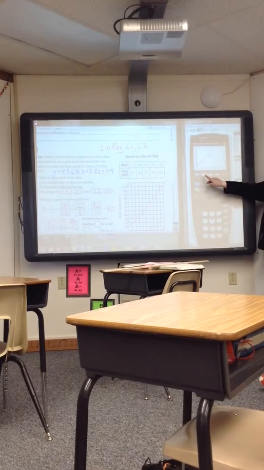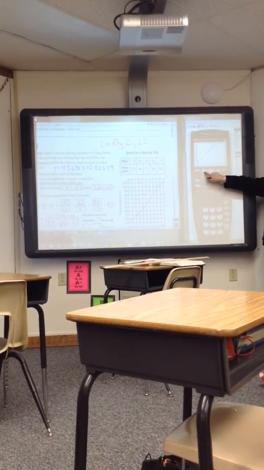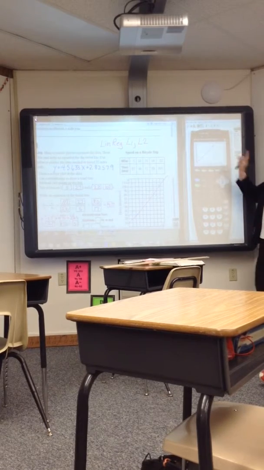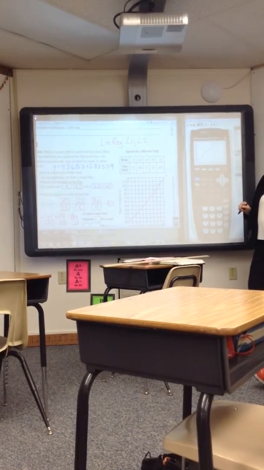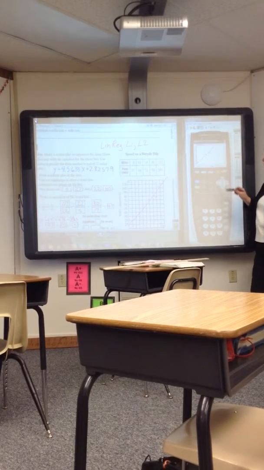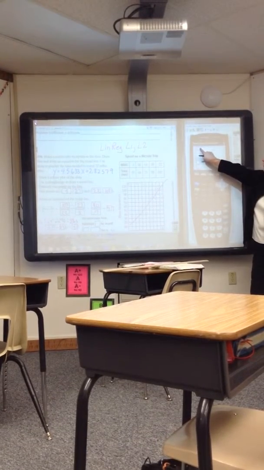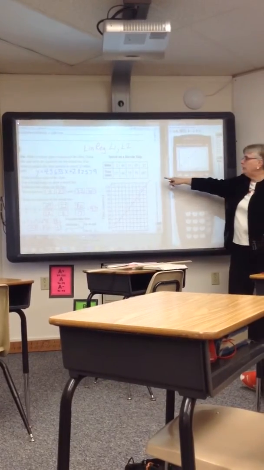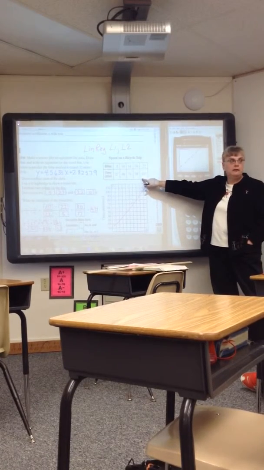After you go to window and change the X max to 34, then go back and just hit graph, and you should have the two. Now, if I hit the trace button, you have to look up here in a corner. The stat plots are my little squares. Well, I don't have a little square that's 32, otherwise it'd be in the table.